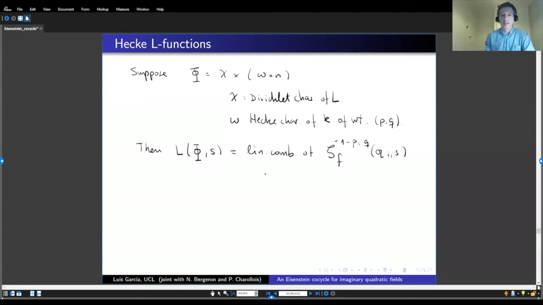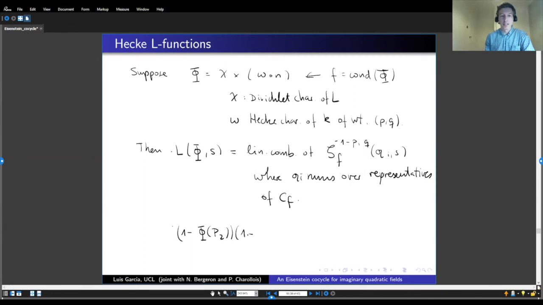where a_i runs over representatives of the ray class group of conductor F. Sorry, I should say F is the conductor. Let's take a character phi. And similarly, you can consider a smooth version of this L-function.